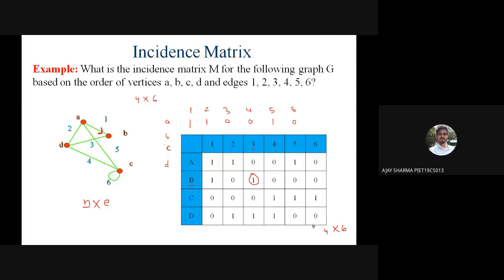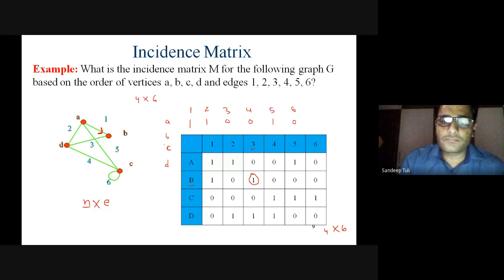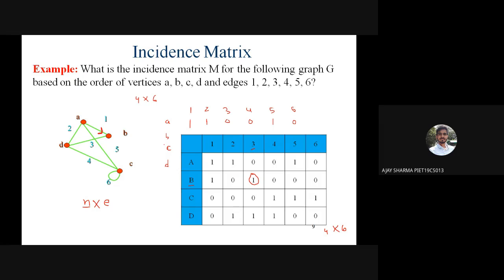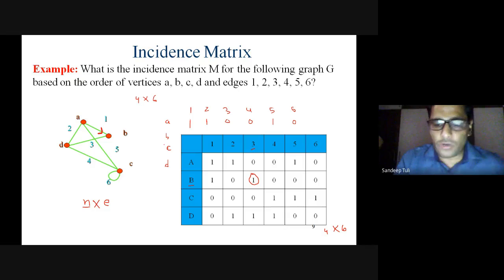Okay. So till now we have studied only the incidence matrix. Is there any means for out order also? आउट ऑर्डर के लिए ही बताया ना बच्चे मैंने.